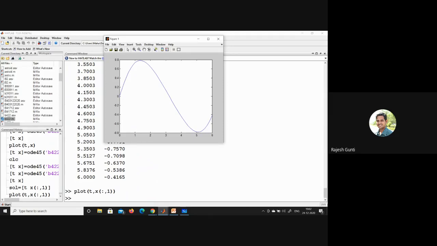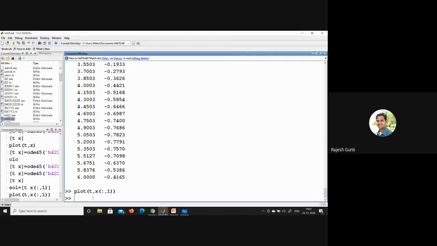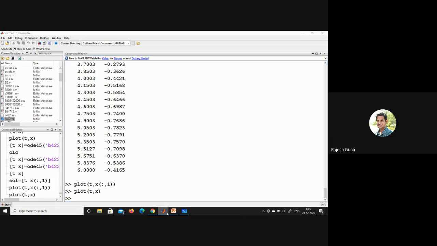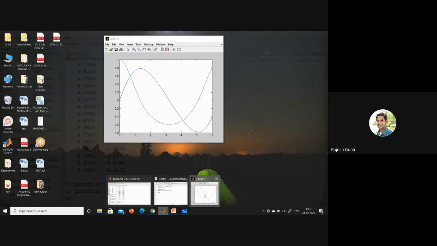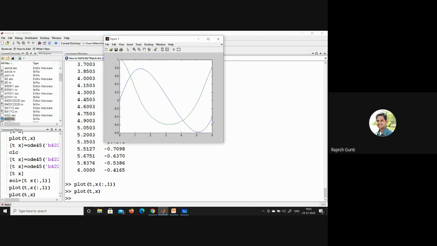This is the solution plot. Suppose you want to plot both x1 and x2. The x means our solution. x1, the first value, is the y value. This is the y dash value.